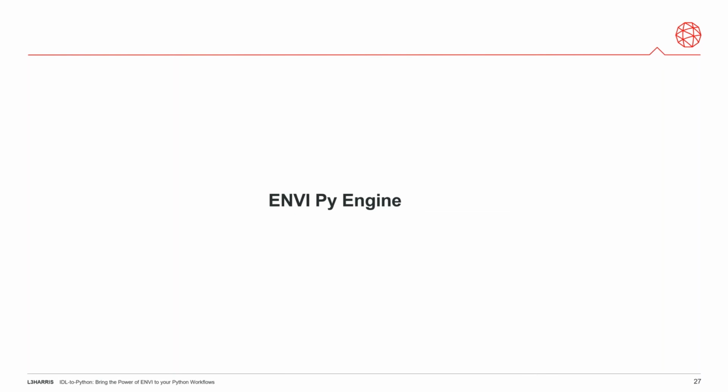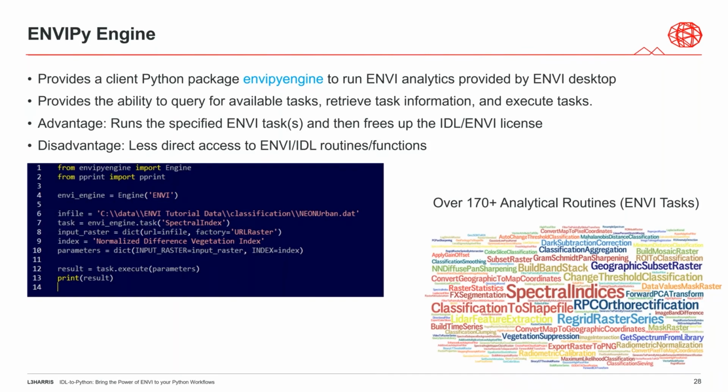It's another part of our integration, a Python package called MDPI Engine, that allows us to run our ENVI analytics, mainly our ENVI tasks provided in our desktop tool, through a consistent methodology and through Python.